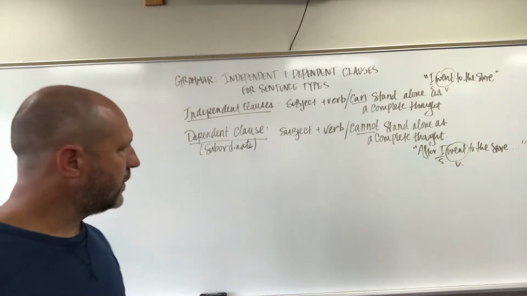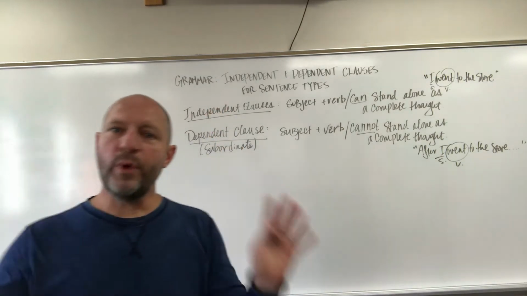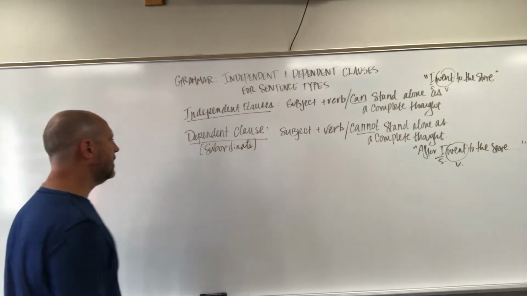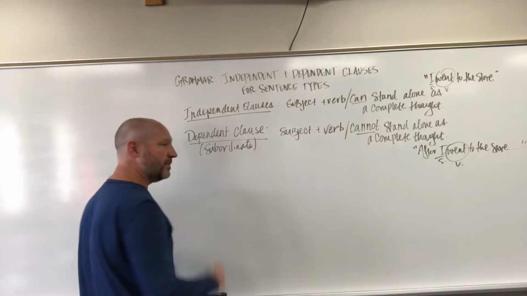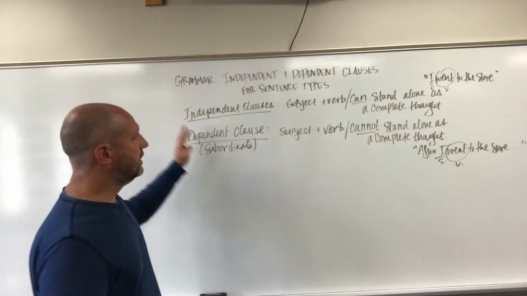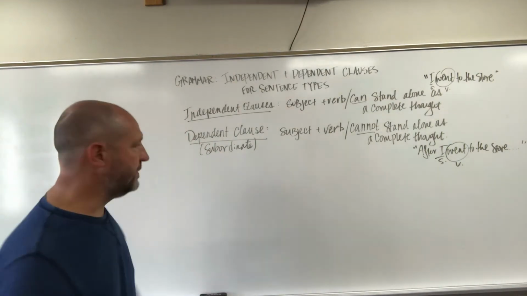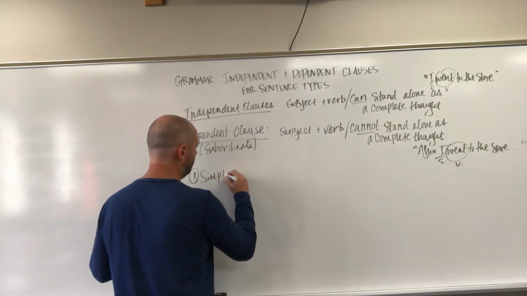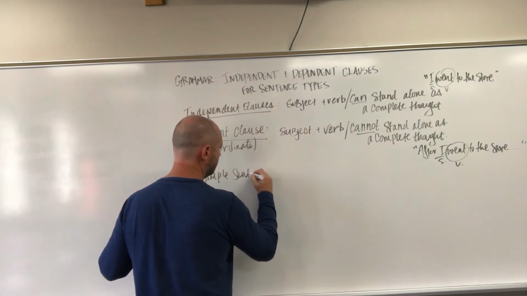So now, with this information, we can do all kinds of things. We have sentence types, and I'm going to start with two. Then I'll erase this and put another two up there. The first one is what is known as the simple sentence.